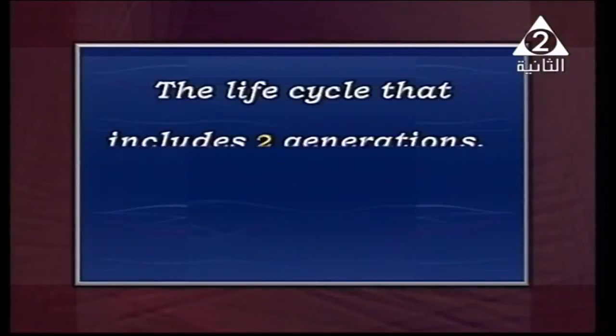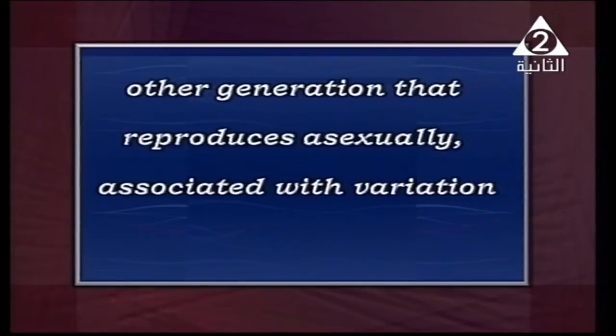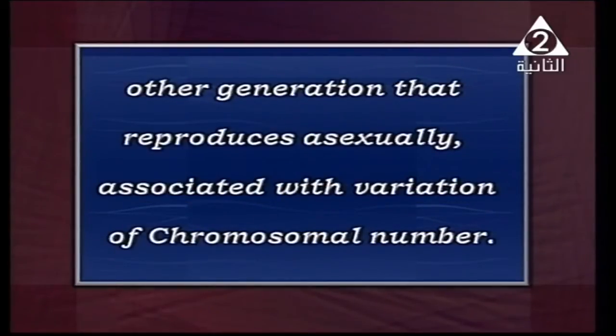It's a type of reproduction in which the life cycle includes two generations. One of them reproduces sexually and the other reproduces asexually, and they alternate, and this is associated with a variation of chromosomal number.